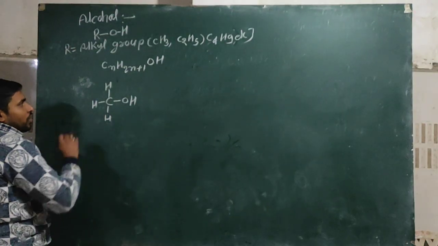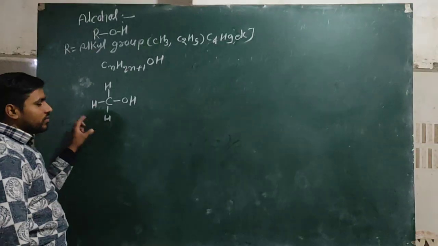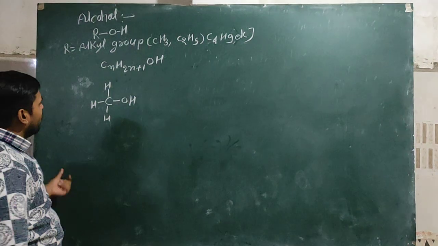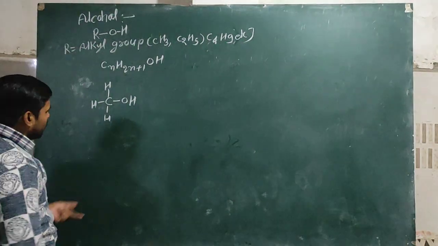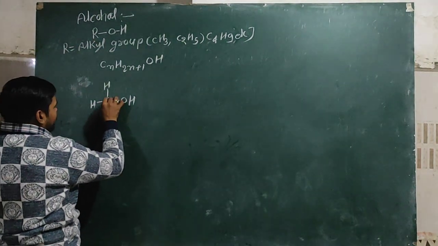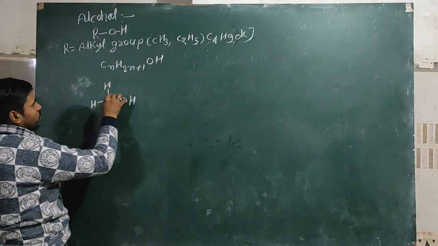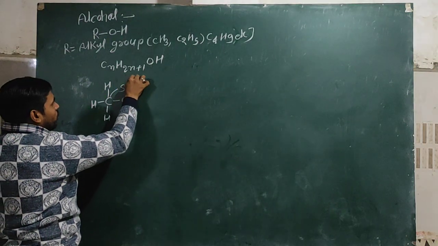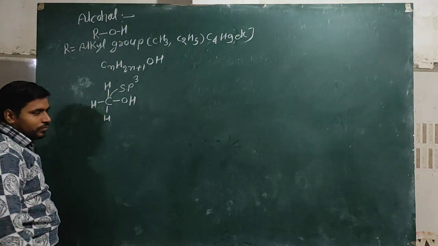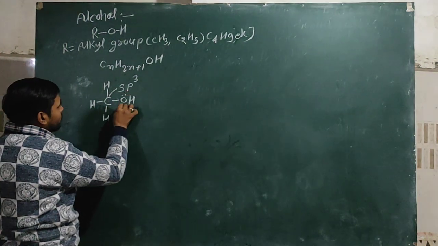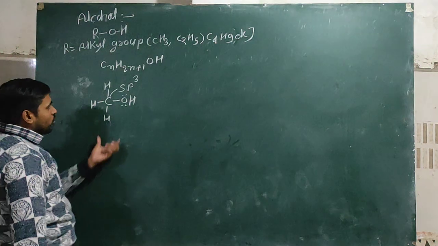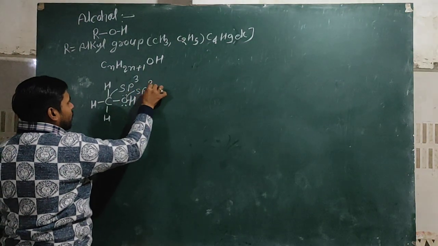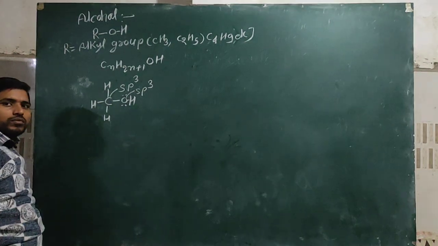After the knowledge of alcohol, it is very necessary for you to know what is the structure of alcohol. You can see here this carbon which contains saturated hydrocarbon, saturated bond always shows sp3 hybridization, and the hydroxyl group also contains sp3 hybridization.